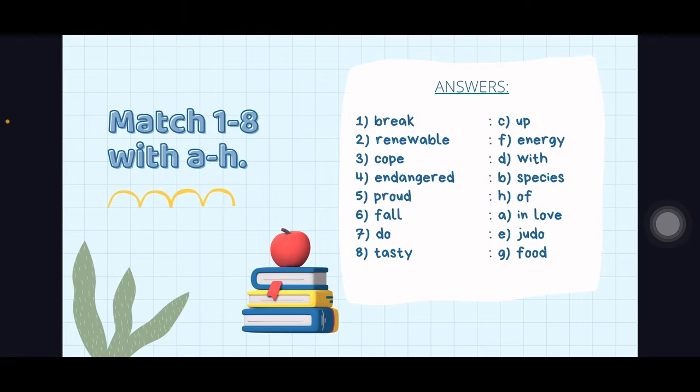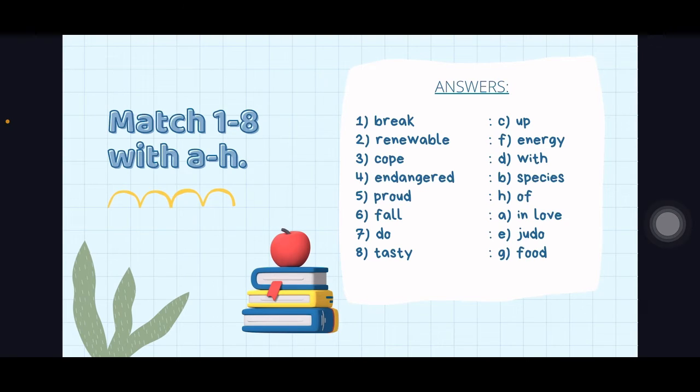For number 4, you need to match with B, which is species. So it is an endangered species. For number 5, you need to match with H, which is of, proud of.